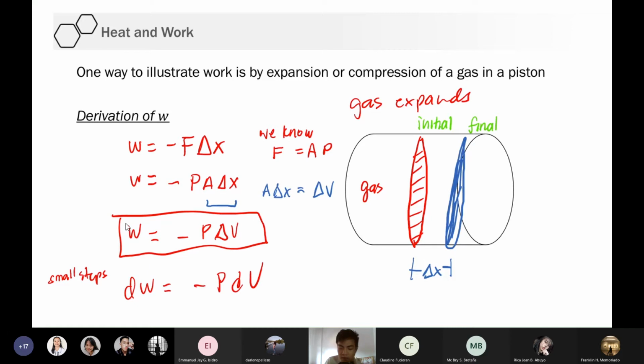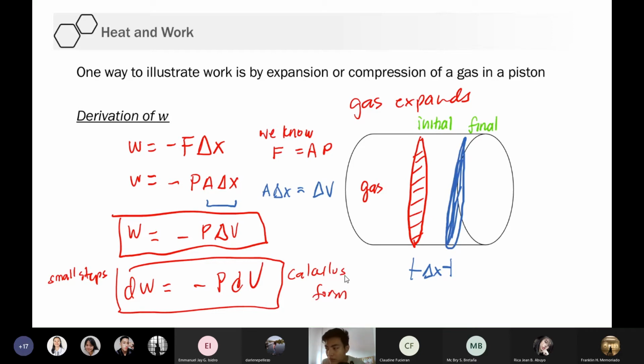Kapag dahan-dahan yung pag-increase ng volume, we use this formula, dW equals negative P dV. Important ito mamaya. Ito yung calculus form niyan. Magka-calculus tayo mamaya, ha?